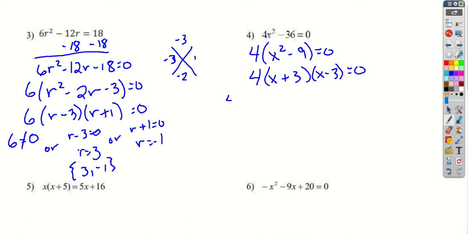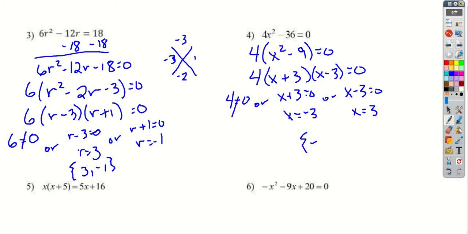And then we do our factors. So 4 equals 0, or x plus 3 is equal to 0, or x minus 3 equals 0. And then I'm going to go ahead and solve. So this one, remember, can't be true. In this case, x is equal to negative 3, or in this case, x is equal to 3. Then my 2 solutions are negative 3 and 3.